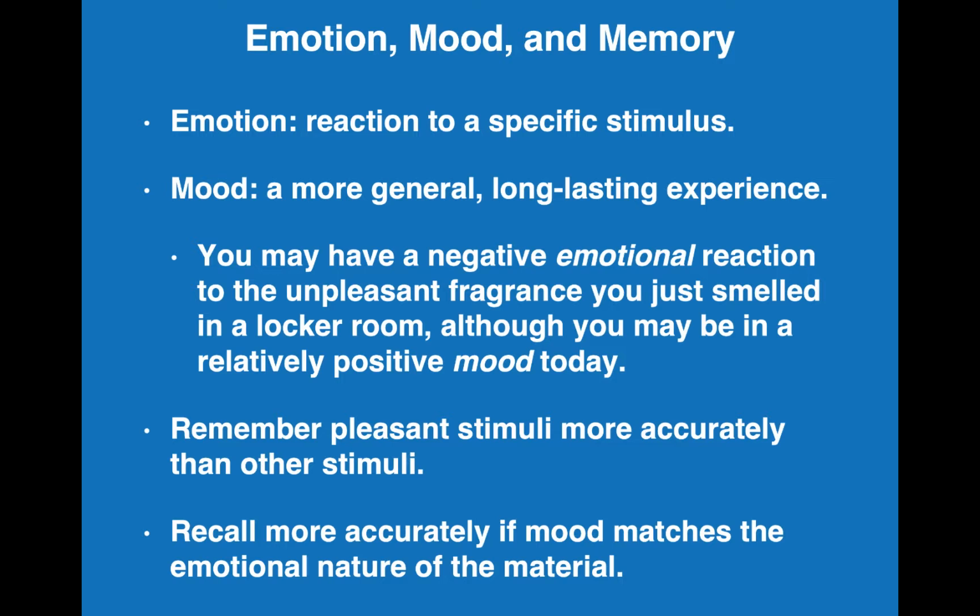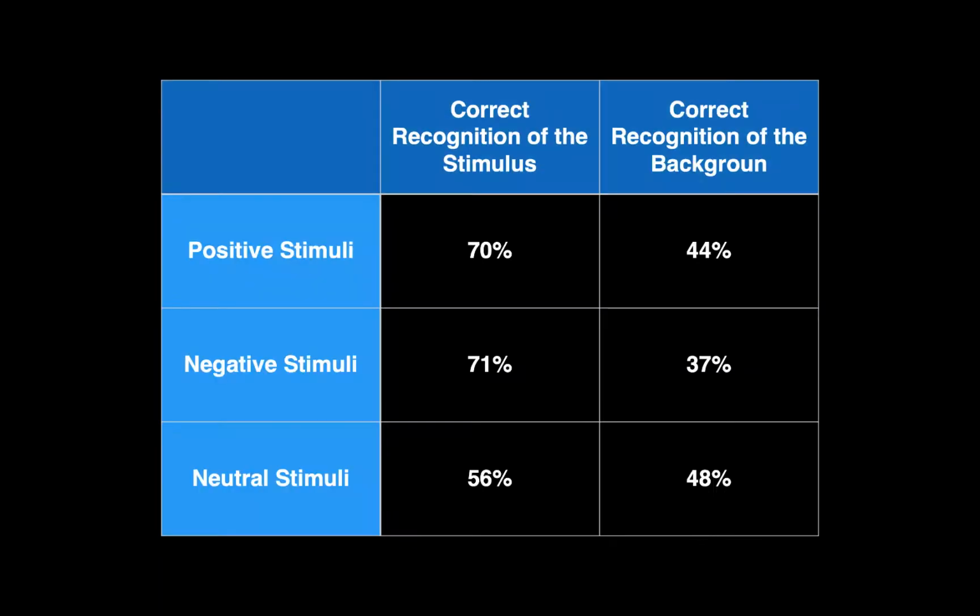Emotion and mood affect memory: people remember pleasant stimuli more accurately than other stimuli. Recall is also more accurate if mood matches the emotional nature of the material. Look at this table.